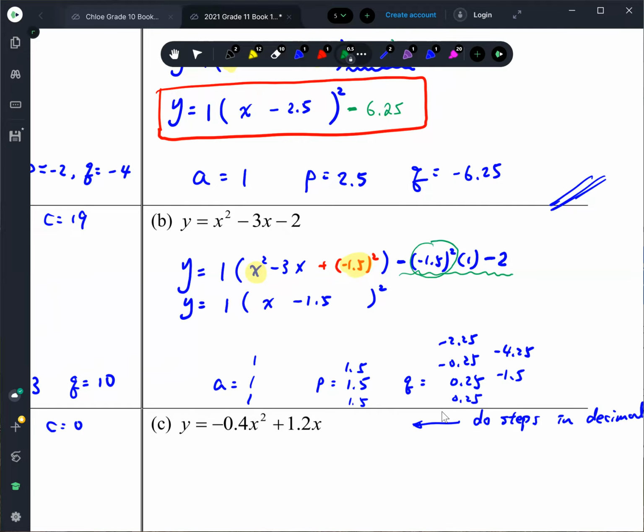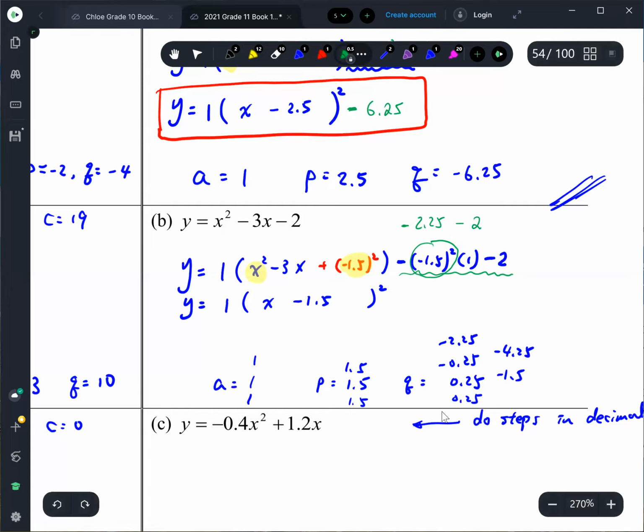What do you get? 1.5 squared, I get positive 2.25. 2.25, right? Yes. So you will have negative 2.25, because that subtraction at the front doesn't go away. Times it by 1 is still 2.25. And then subtract 2. Negative 2.25 subtract 2 should be what?